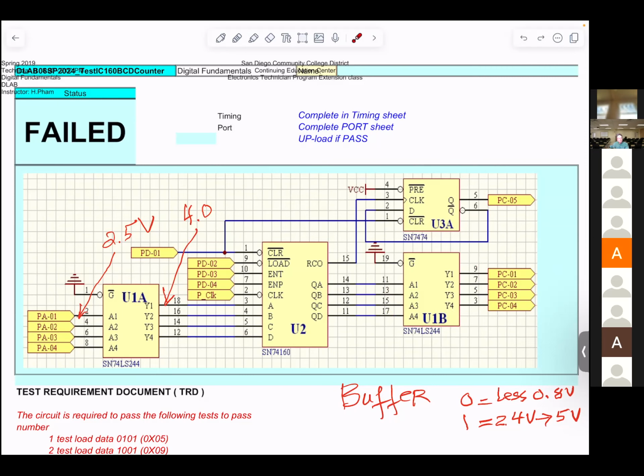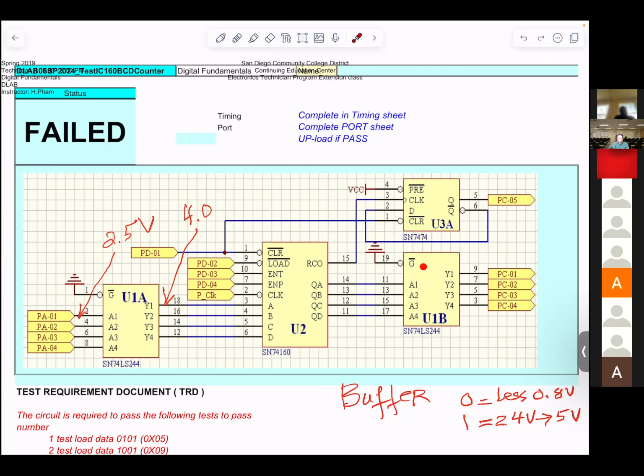However, in this IC you also get pin 1 and pin 19. What happened to pin number 1 or pin number 19?